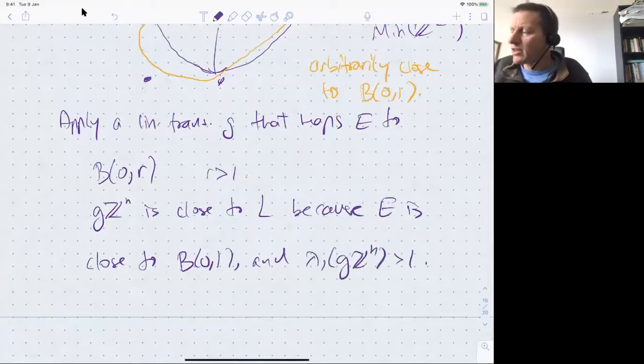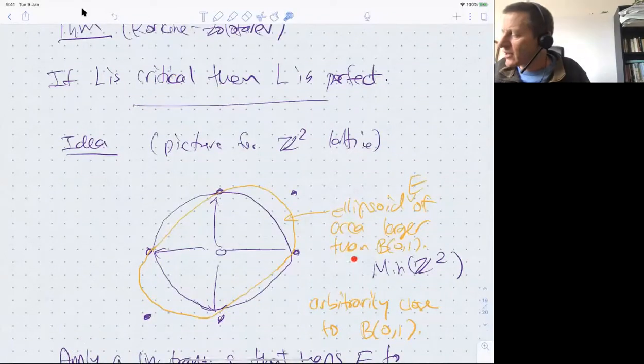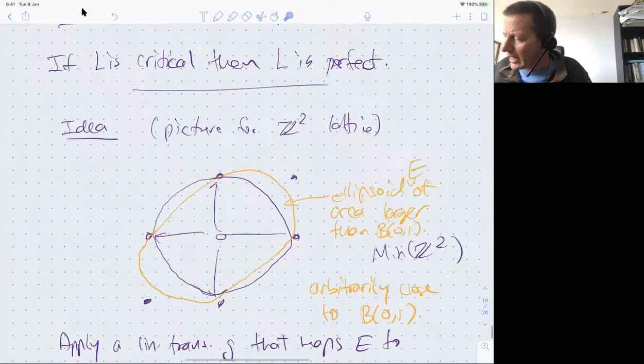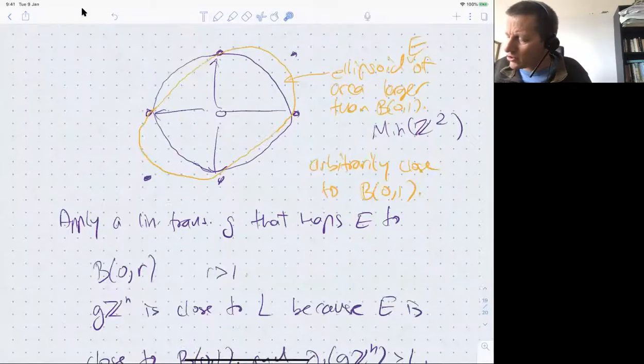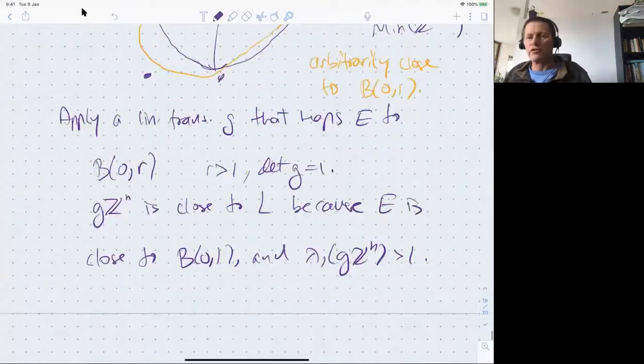The reason that the radius of this ball is bigger than 1 is because the ellipsoid has area larger than 1, and G is a linear transformation of determinant 1, I should have said. We're going to find such a linear transformation.